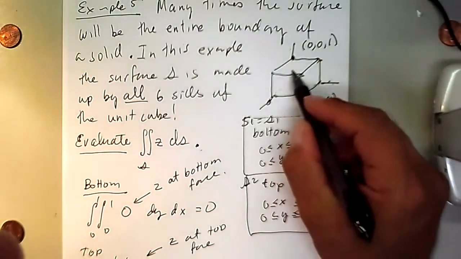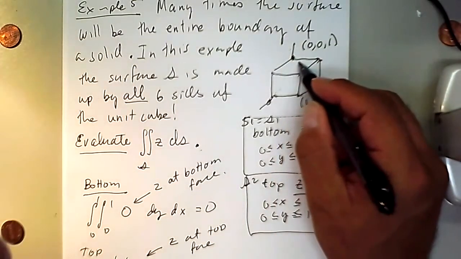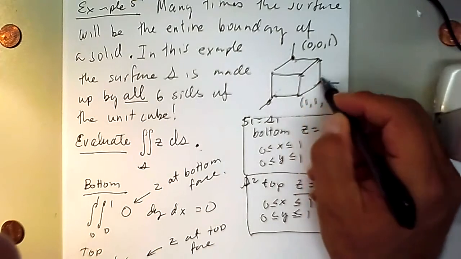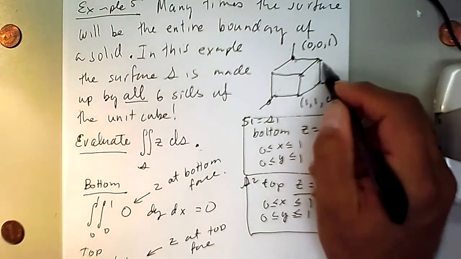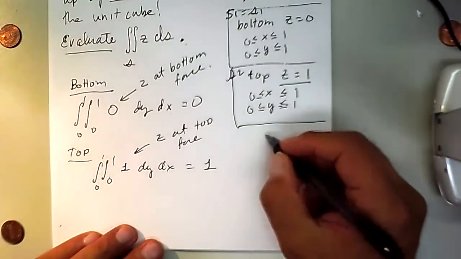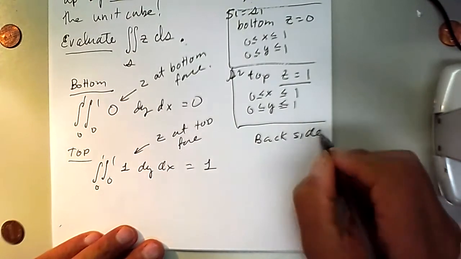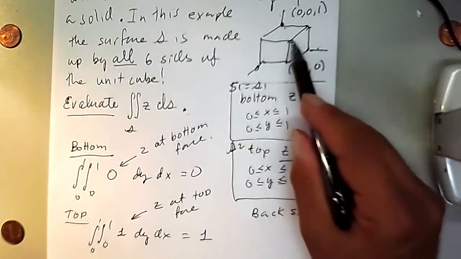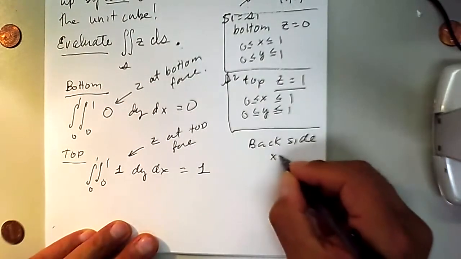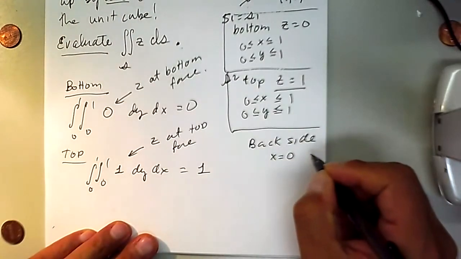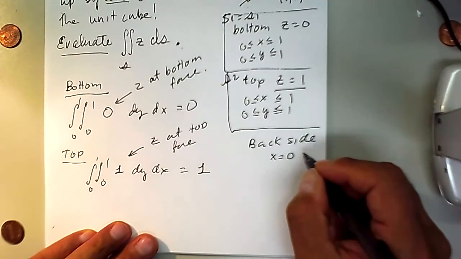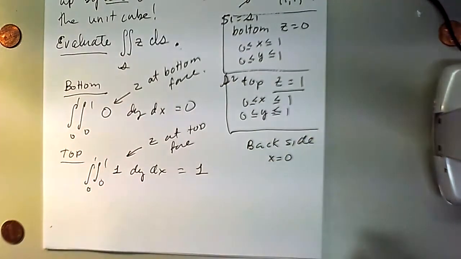All right, now we have to parameterize. Let's start with the back side. On that side, x is equal to 0. And you may be thinking, well, the x is 0, so then we're going to end up with 0.